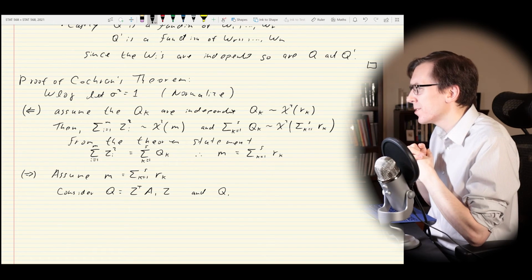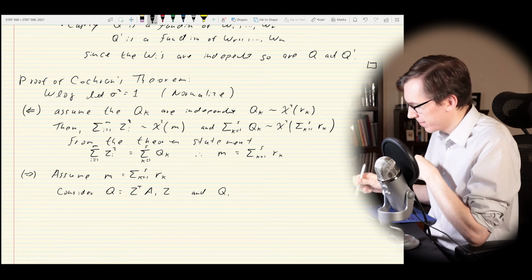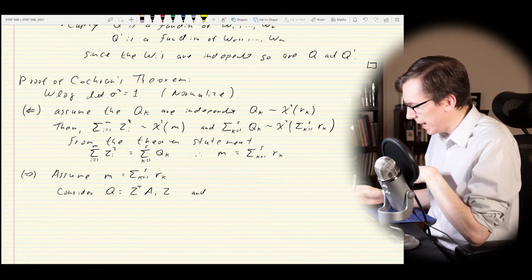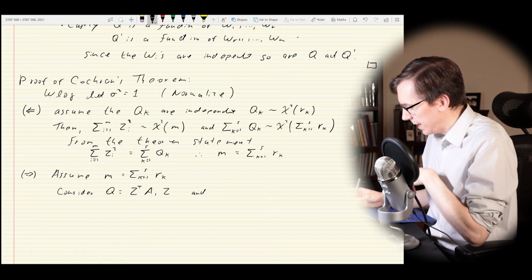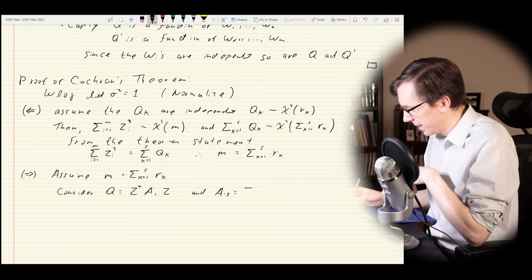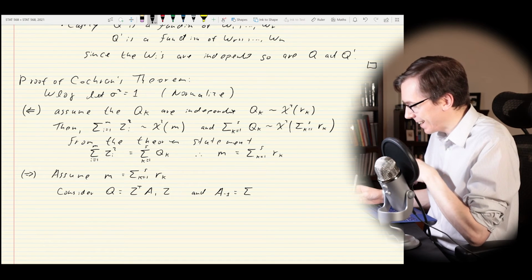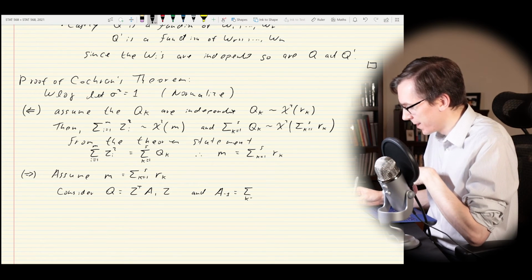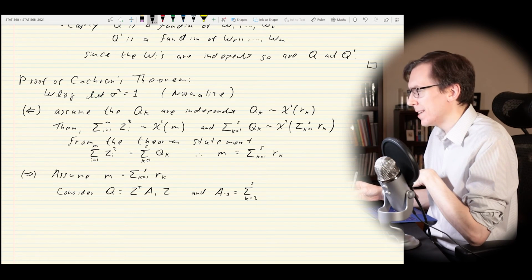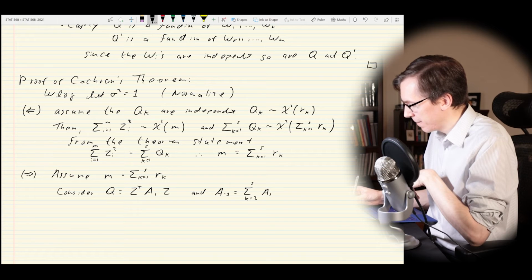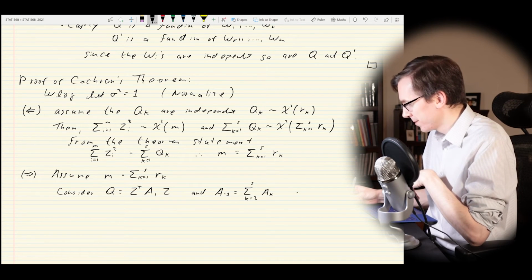And we'll denote A_{-1} to be the sum of all the matrices A except excluding 1, so k from 2 to s of A_k.